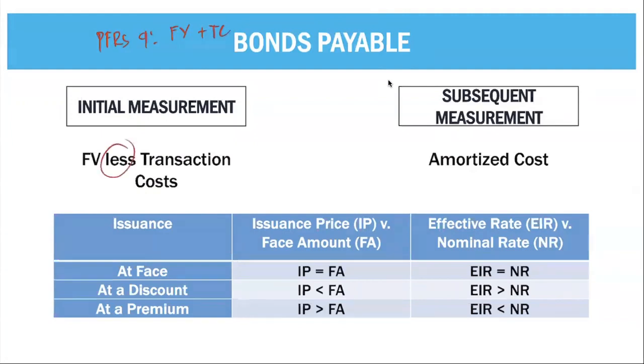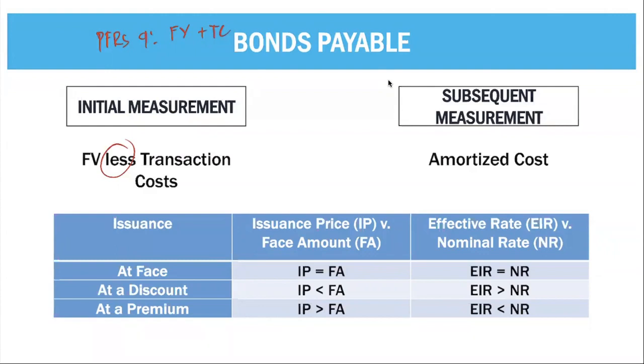Because remember, if a particular person paid an extra amount to purchase that particular asset, the transaction cost is considered a direct cost, so in an asset, it is to be added. However, in a bond payable, since this is a liability, we deduct the transaction cost. This transaction cost will not increase your economic benefit, but is considered a reduction of your liability.